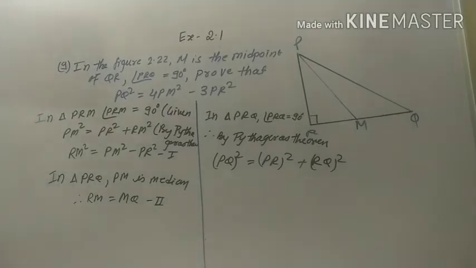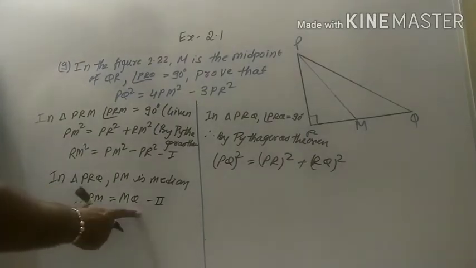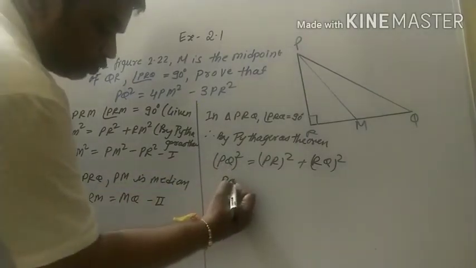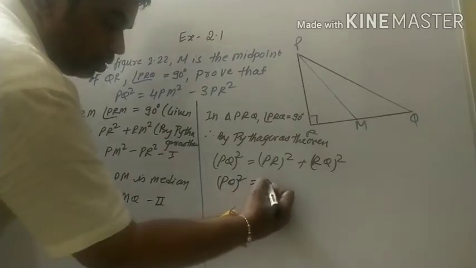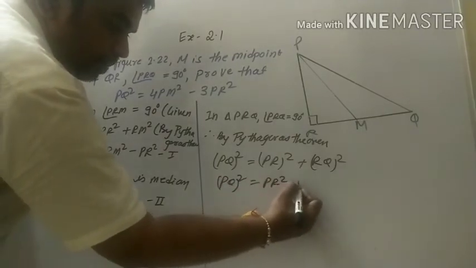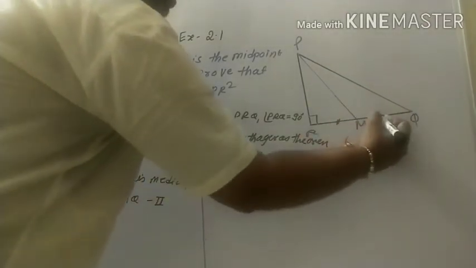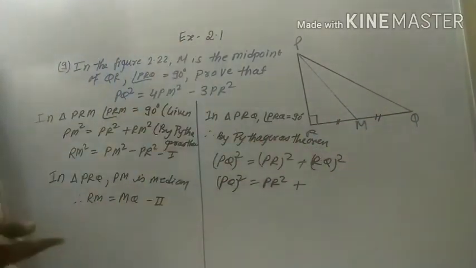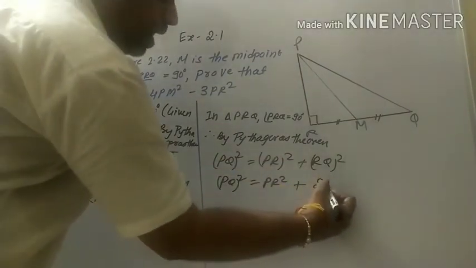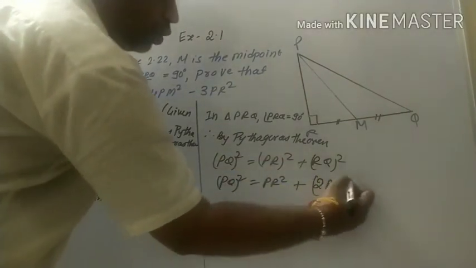PQ square is equal to PR square plus RQ square. So RM is equal to MQ. PQ square is equal to PR square plus RQ, and since RM and MQ are equal, instead of RQ we take 2RM, the whole square.